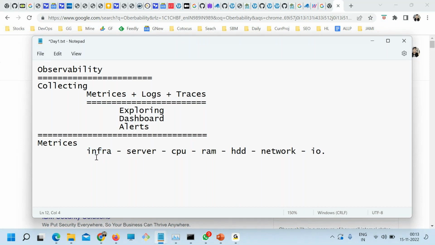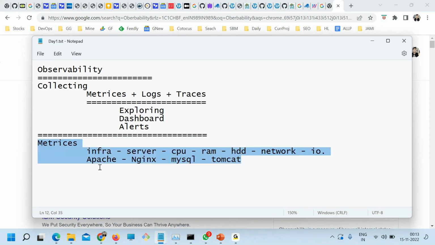You can also have Apache metrics from Apache servers, web servers, or Nginx metrics, MySQL metrics, Tomcat metrics. So these are the metrics which you have from the tools also.